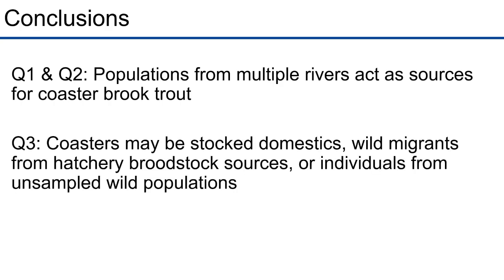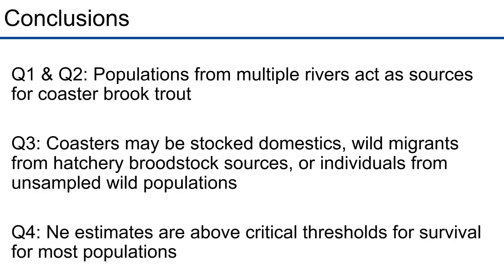We wanted to note that coasters may be stock domestics, but it could be likely that they're also wild migrants from hatchery broodstock sources, or even individuals from unsampled wild populations. And finally, in terms of the genetic health, we noted that NE estimates are above critical thresholds for survival for most populations along the Minnesota shoreline.